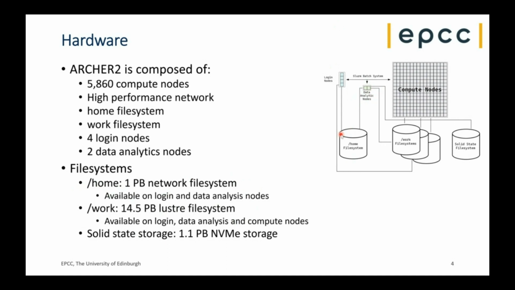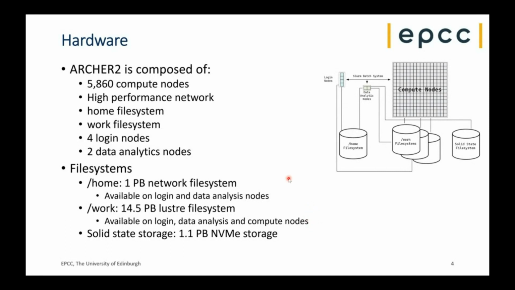But that kind of file system generally is quite slow for large-scale data work, large-scale I/O, input-output work. And so we have a separate file system, which is the work file system, which is designed to be fast for jobs to read and write data from, but it's not backed up. So the data could be lost on there, but it enables that fast access to and from the data from applications.